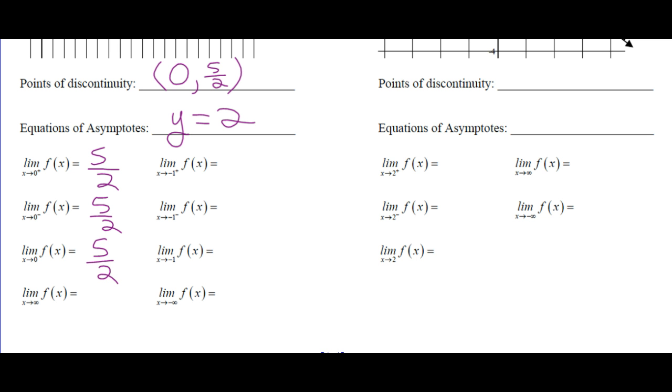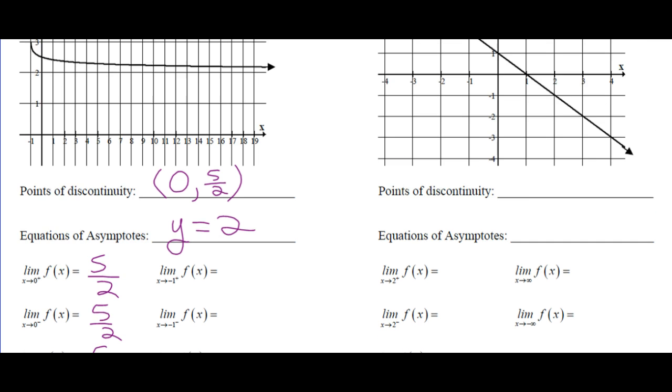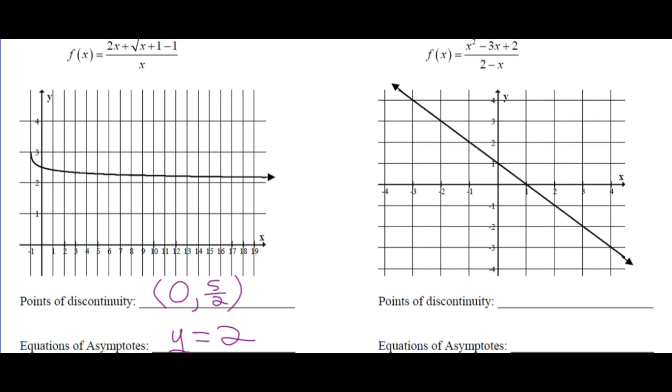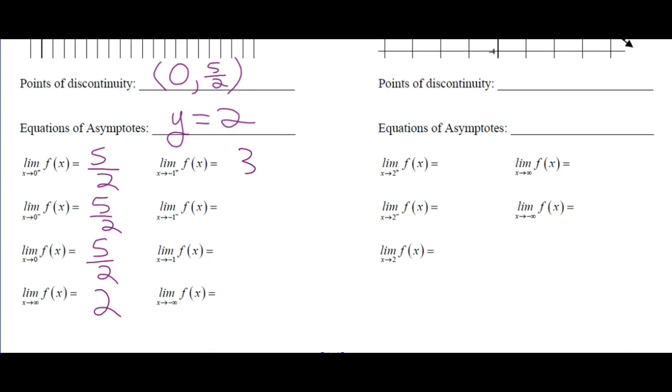What's the limit as x approaches infinity of f of x? 2, right? As we go out, we're coming down to the asymptote, right? What is the limit as x approaches -1 from the positive side? Since we're going this way, approaching -1. 3. What is the limit as we approach -1 from below or from the left?